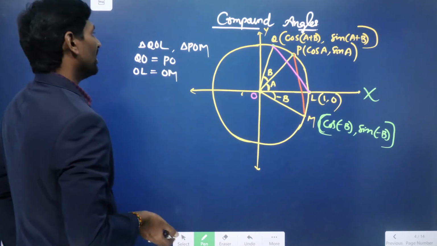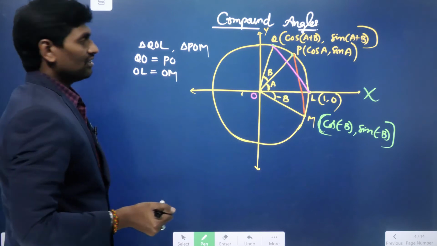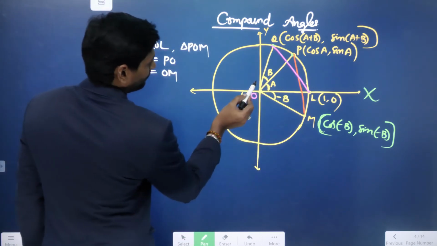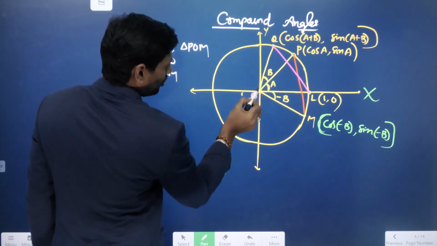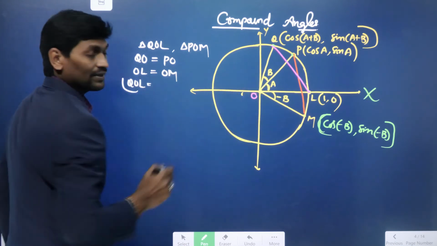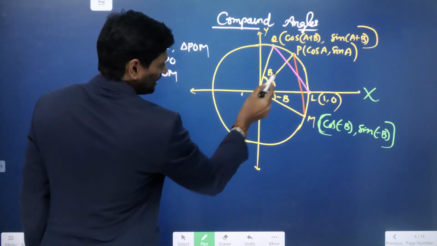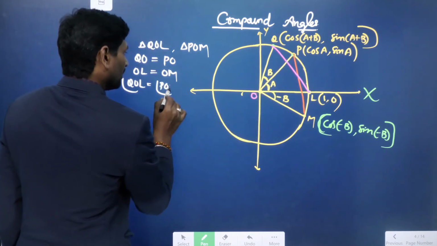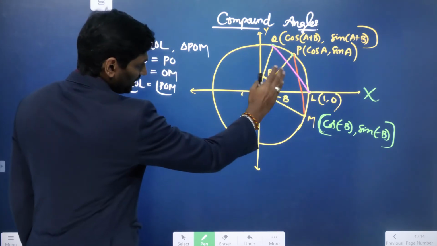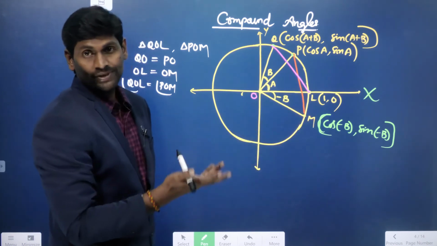Also we can take these angles here. Observe the angle QOL, which is nothing but A plus B. In the same way, angle POM is A minus B, but while taking the negative direction, we should take A minus of minus B. Minus of minus becomes plus.